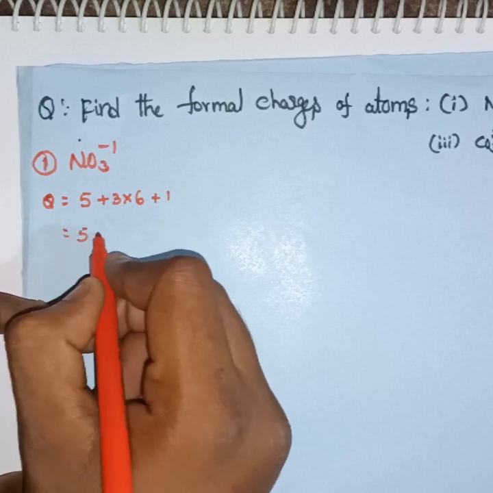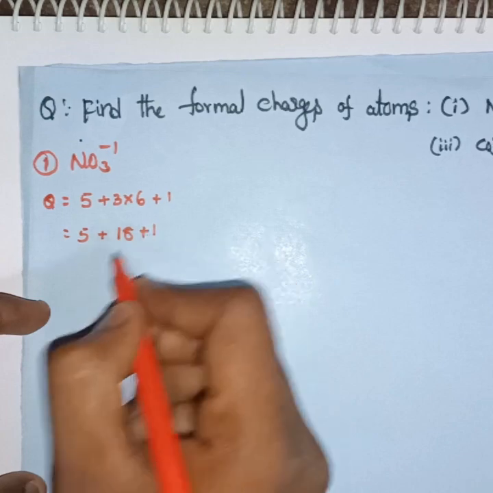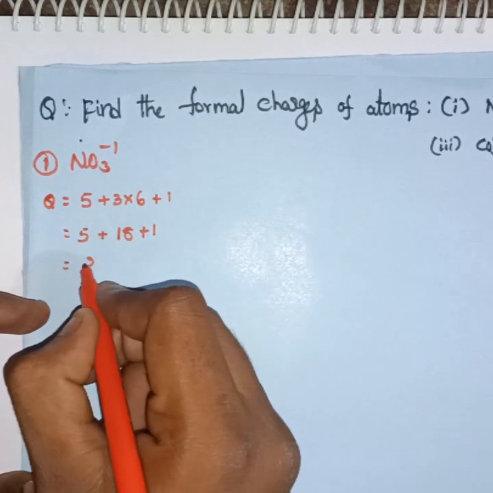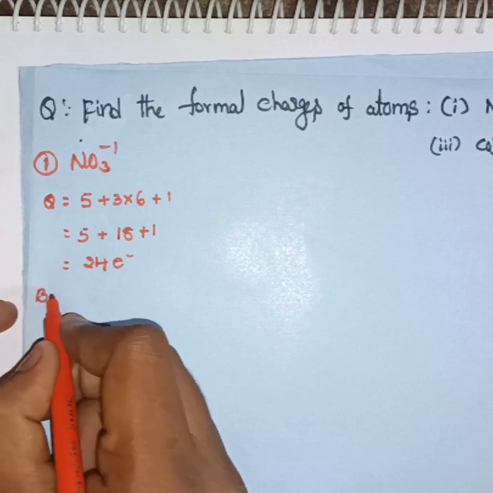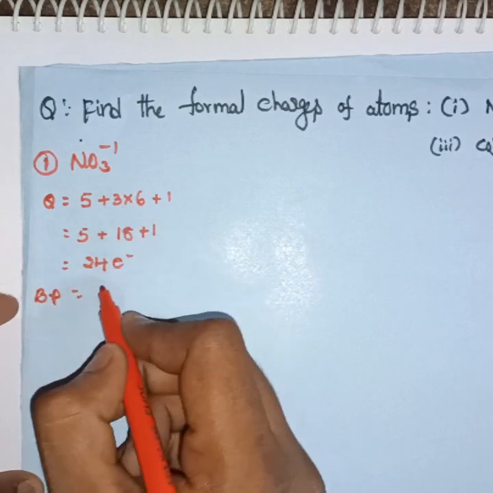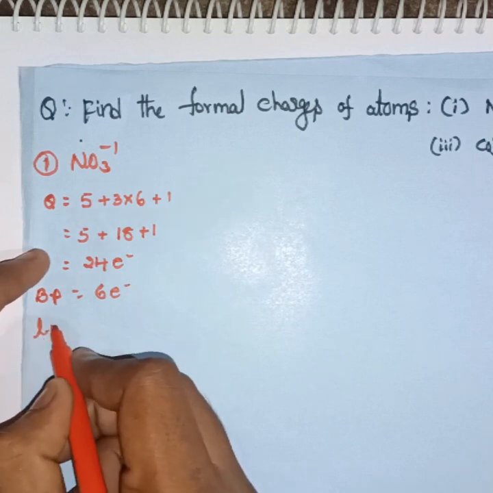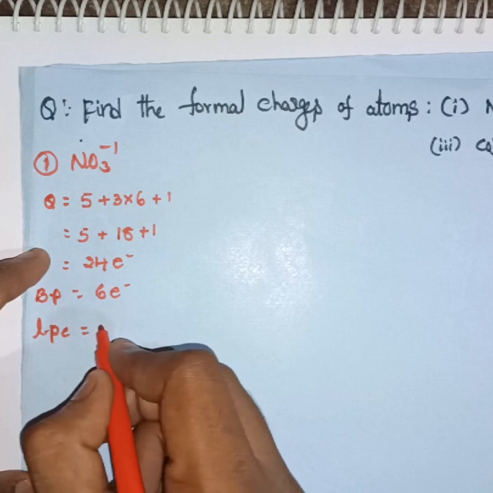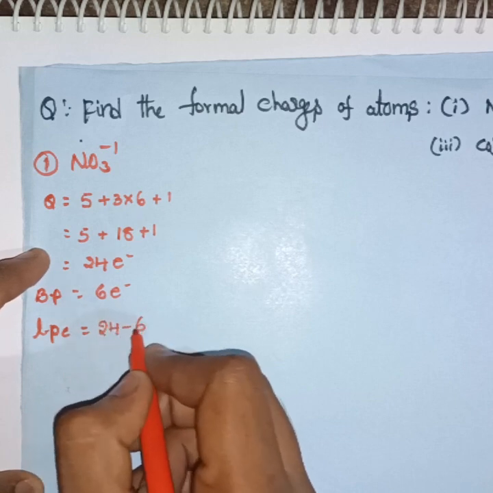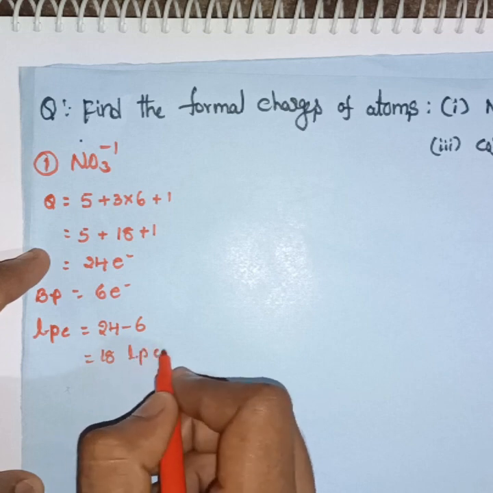That is 5 plus 6 3s are 18 plus 1. That is, you get 24 electrons. Here bond pair electrons will be 3 2s are 6 electrons, and lone pair electrons are to be calculated. That is 18 lone pair electrons.